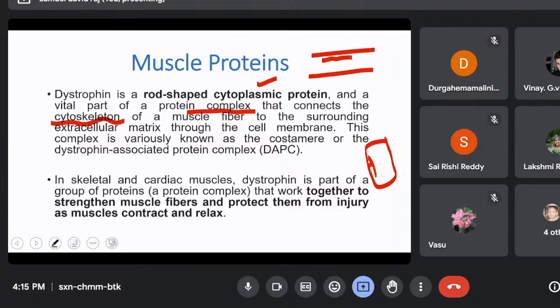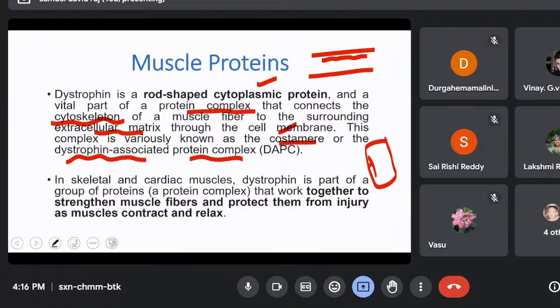Likewise, there is a muscle cytoskeleton in this muscle fiber. This cytoskeleton of the muscle fiber is connected to the extracellular matrix through the cell membrane, and this is also called the costamere, or this complex is also called the dystrophin associated protein complex, in short DAPC.